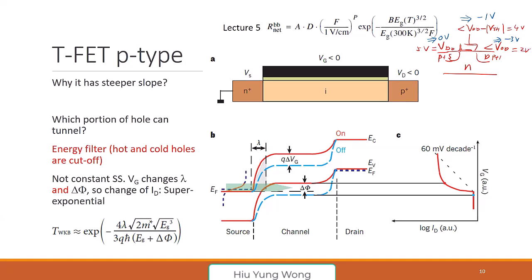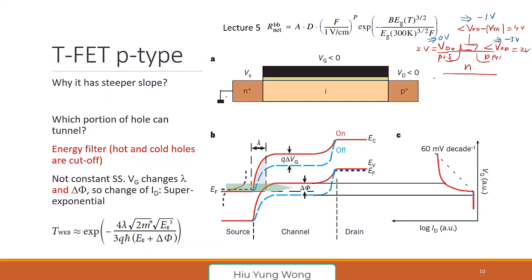I can bias it 5, 2, 4, which is the same as 0, negative 1, negative 3. Do you agree? It's just potential difference, right? Is that okay? Any questions? No. Great. So that's what I'm trying to say here.